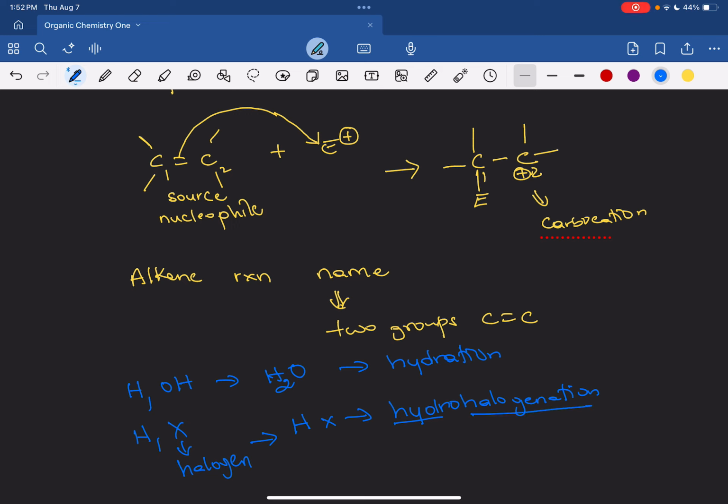Here's the thing. For each reaction, in every video that I complete, I'll give you the name. We'll walk through the simple way to quickly get the product, and also we'll do the mechanism. But to name your reactions, just remember the name of the reaction comes from the two groups that you're adding. It's an addition reaction. Once you add anything, you have to break that double bond, because that's the only way you can add it anyway. If you don't break the double bond, the carbon is going to have five bonds. So you have to break the double bond.